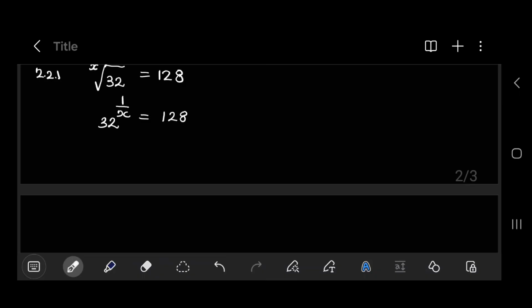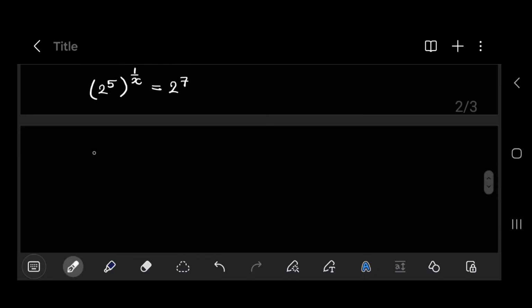In the next step, I'm going to rewrite these bases as products of prime numbers. So 32 is the same thing as 2 to the power 5, and 128 is 2 to the power 7. Now on the left hand side, to get rid of the bracket, let's multiply the exponents. 5 times 1 over x is going to be 5 over x.